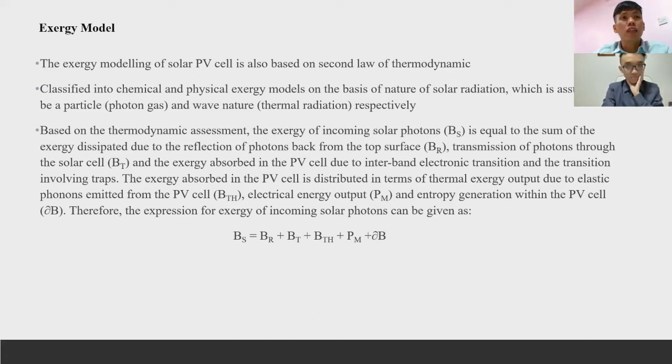The SSG absorbed in the PV cells is distributed in terms of thermal SSG output due to elastic phonon emitted from the PV cells BTH, electrical energy output PM, and the entropy generation within the PV cell. Therefore, the expression for the SSG of incoming solar photon can be given as BS equals BR plus BT plus BTH plus PM plus an entropy term.